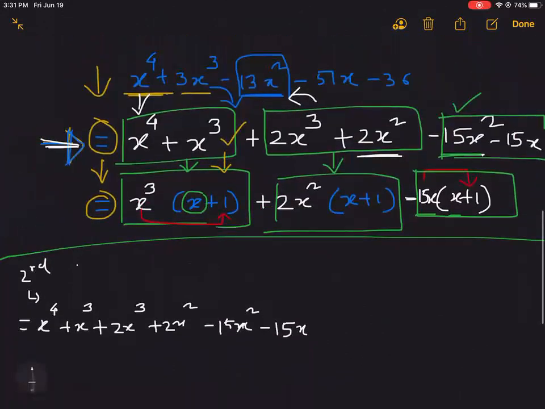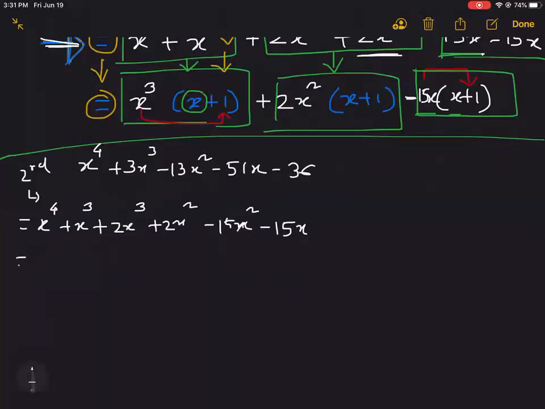Let me write the first line as well. Otherwise, it will be difficult to scroll down every now and then. Negative 51x, leave 36. Okay. Now, in our third line, we had x cubed times x plus 1, plus 2x squared times x plus 1, negative 15x times x plus 1.